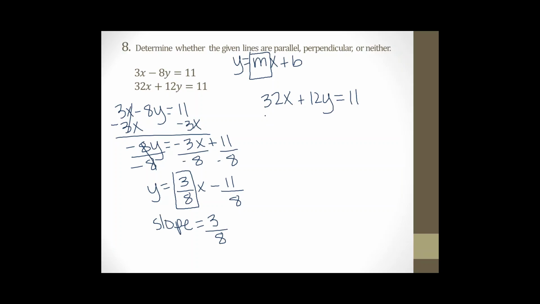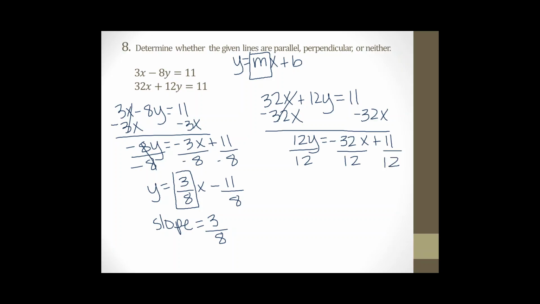Again, we want to get y by itself, so we'll subtract 32x from both sides. So 12y equals negative 32x plus 11. We'll divide everything by 12. So we have y equals negative 32 divided by 12x plus 11 over 12.